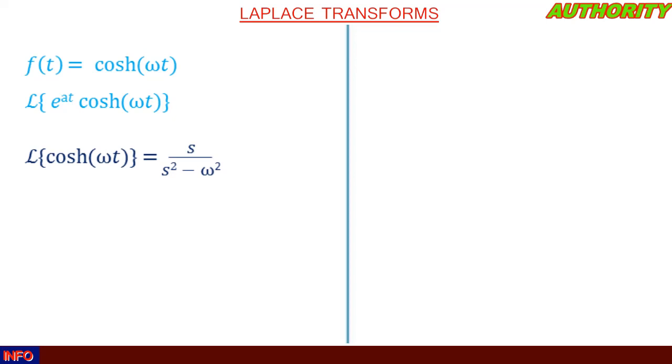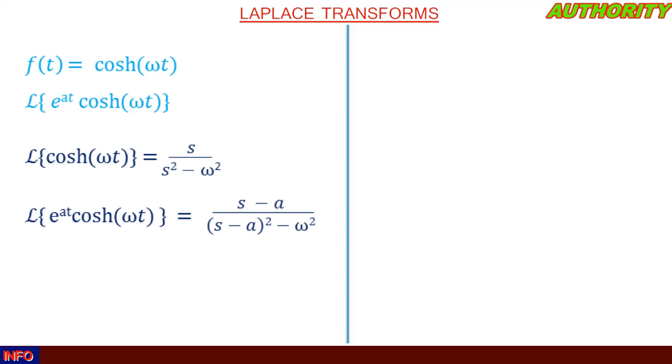Now, when you say the Laplace transform of e raised to the power of at multiplied by cosh omega t, how is it going to be? First of all, you have found the Laplace transform of cosh omega t. So in this Laplace transform, anywhere you see s, you replace it with what? s minus a. All right, good.